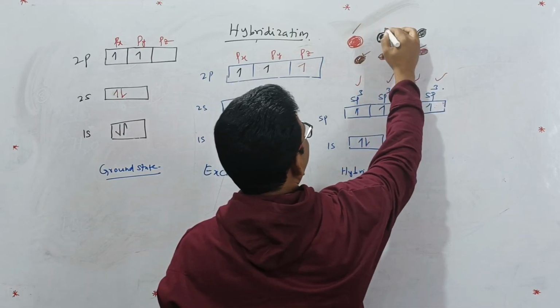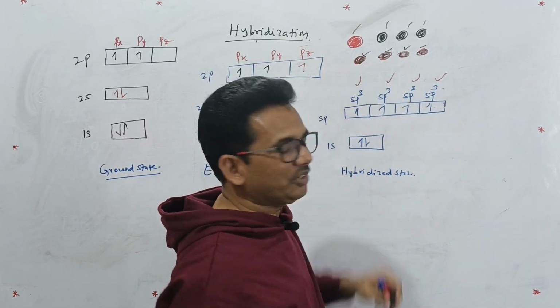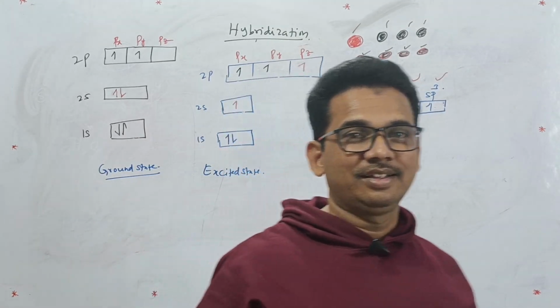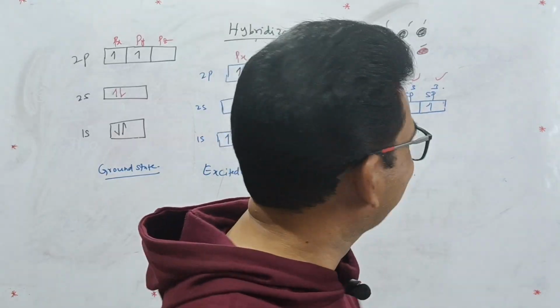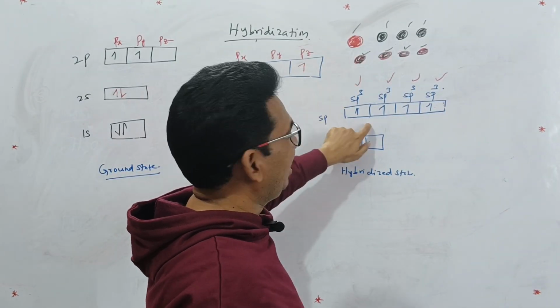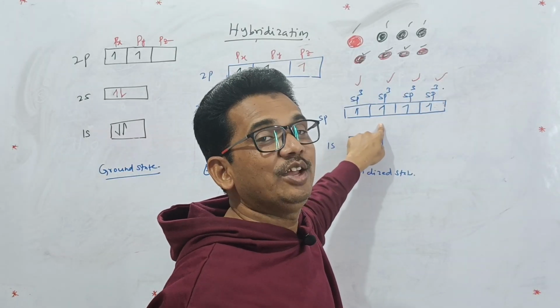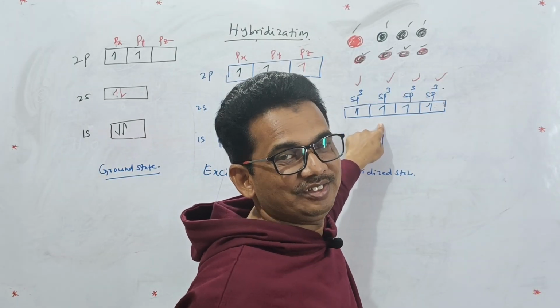Here, vanilla is different and chocolate is different, that's why the taste is different. When they mix together, yummy. Is it right or not? Here also it is the same. After mixing, they produce equivalent orbitals. How many? 4 equivalent orbitals.